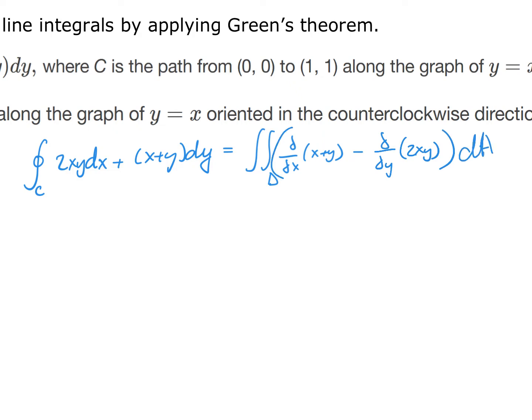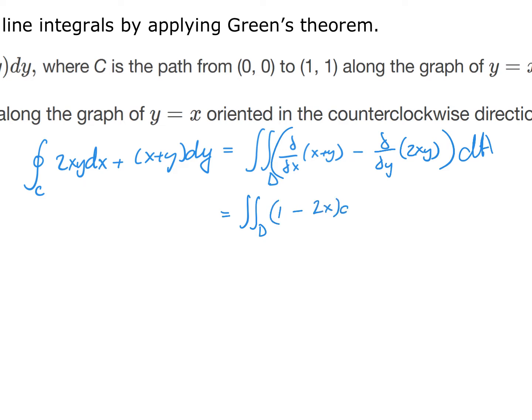Now notice I'm not going to decide which variable to integrate with first. I'm not going to make that decision yet. So this integration over the region D is going to be the integral of 1, the partial derivative of x plus y with respect to x, minus 2x, the partial derivative of 2xy with respect to y.